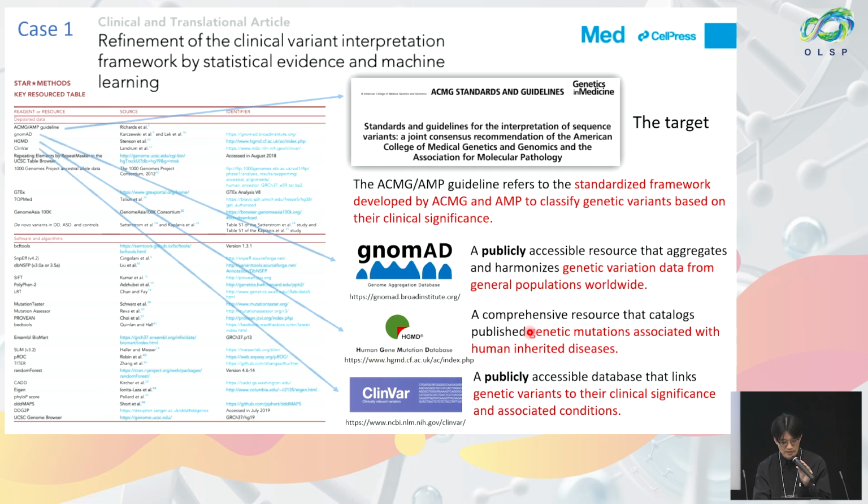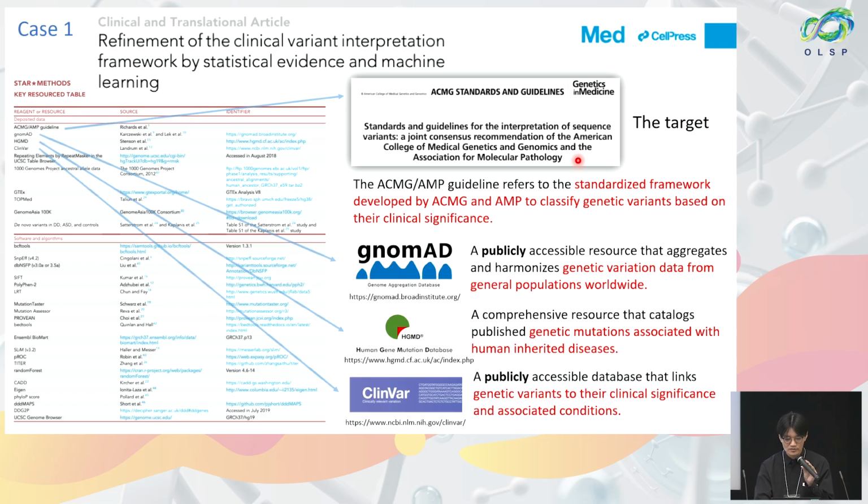This is a comprehensive resource that catalogs published genetic mutations associated with human inherited diseases. And the third one is ClinVar. This is a publicly accessible database that links genetic variants to their clinical significance and associated conditions. So these are databases for disease-related variants.